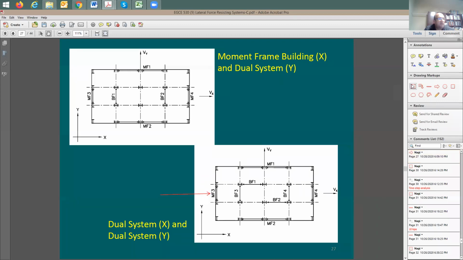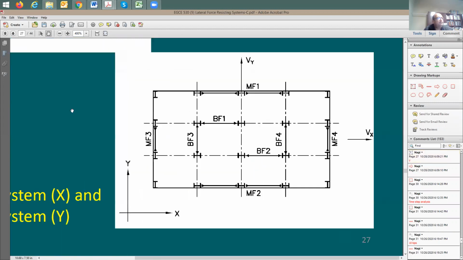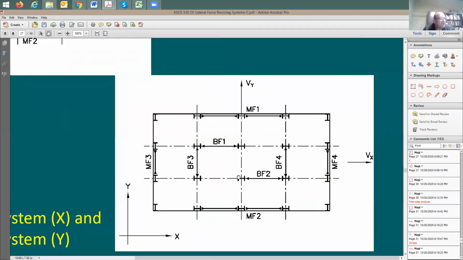Here the total seismic force, I'm going to call it V. Now what is resisting this seismic force? I'm going to say this moment frame, this eccentric brace frame, and this eccentric brace frame, and this moment frame. Now which one has higher stiffness? Is it going to be the brace frame or the moment frame?